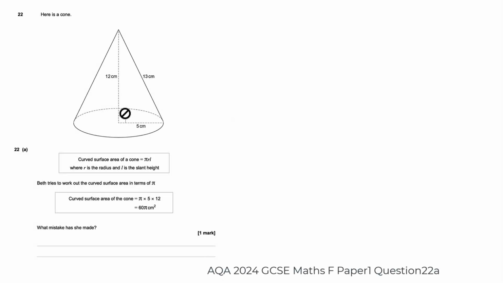So here's question 22, and we're given a cone. We're told the radius is 5, that this perpendicular height is 12, and this slant height is 13. Now these words that I used are going to be important. This is the slant height.